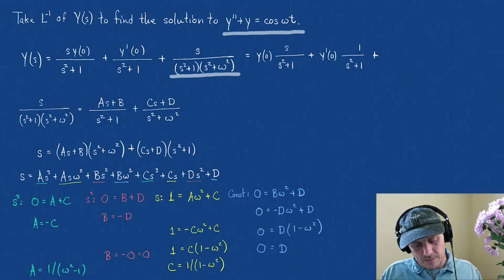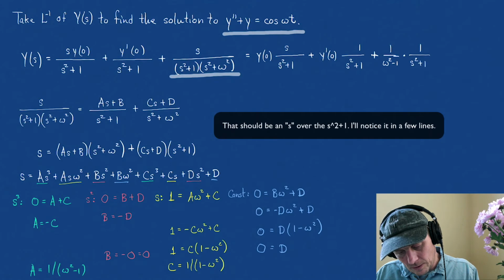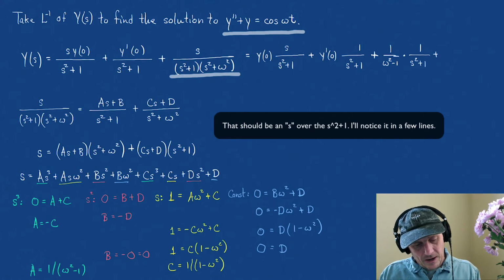This is going to be big and messy. The a term is going to be 1 over omega squared minus 1 times 1 over s squared plus 1 plus, and now the b was 0.